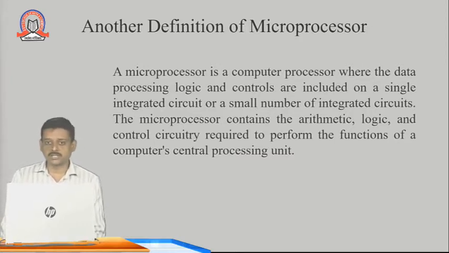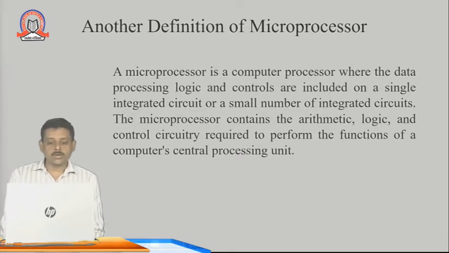We get some input with the help of input devices and show some output with the help of output devices. That process is done with the help of the microprocessor in that particular circuit.